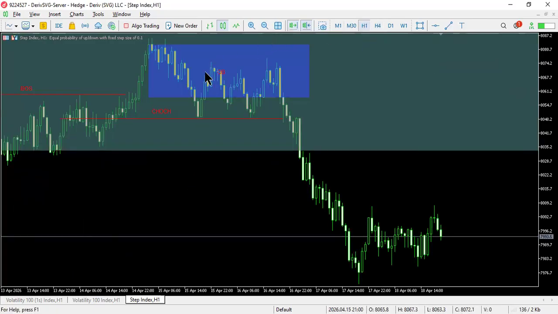Heading over to the 1 hour time frame. So price stepped into the order block, and then we are getting a push to the downside. So the change of character happened at that level right there.